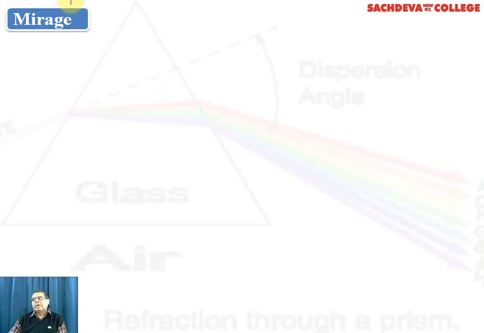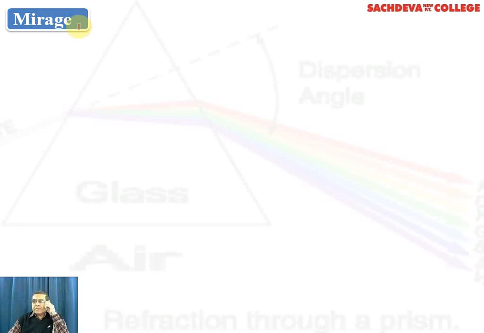Now we come towards mirage. Mirage is fundamentally an optical illusion. It is a phenomenon observed in deserts in the afternoon, when the heat is very high or the sun is exactly overhead. So in the mirage, when the traveler is moving in the desert, the object appears to be a far off object.